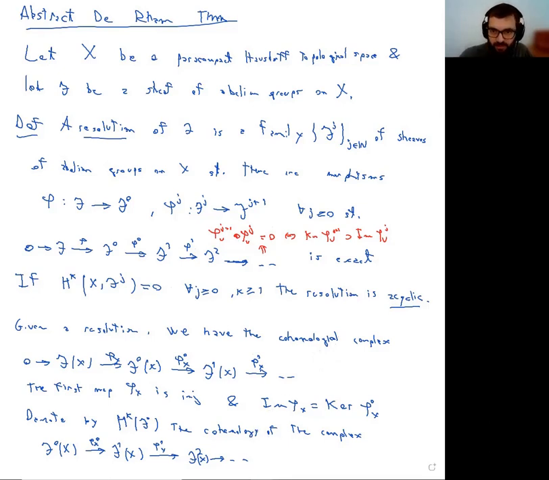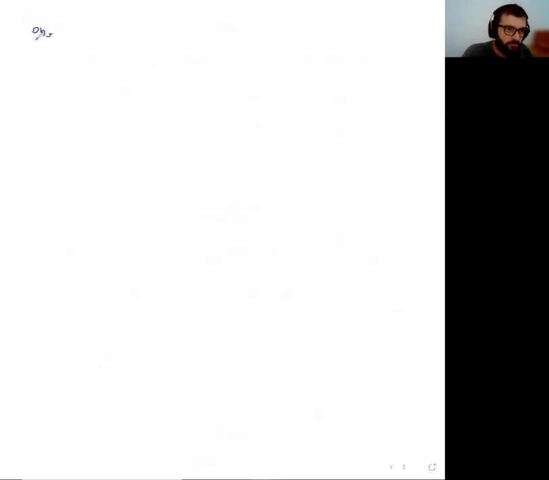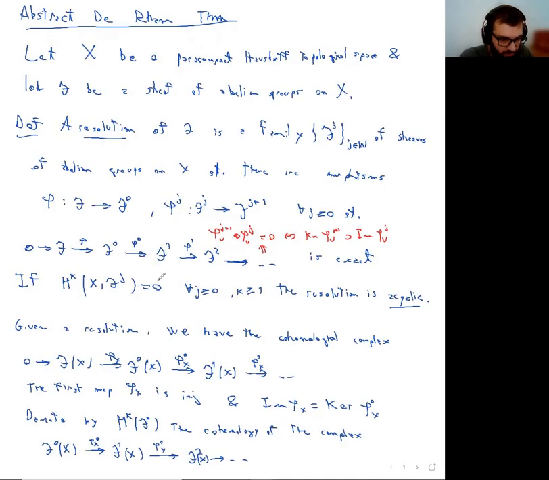Okay, so what I was saying here is just having a look at the zeroth cohomology group. So what is this H0 of F dot? Well, this is the kernel of phi 0 on X. And by this observation here, the kernel of phi 0 on X is nothing but the image of phi on X, but phi on X is injective.